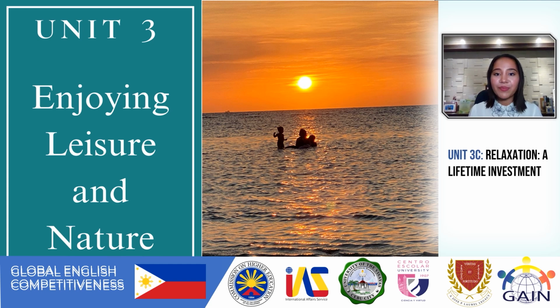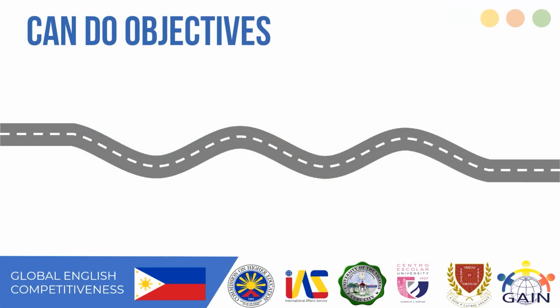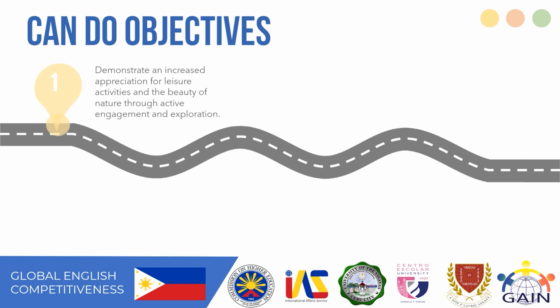So, arm yourselves with your pen and paper as we embark together on a revitalizing exploration of the serene beauty of the natural world. To recap, we have 4 can-do objectives in this unit. First, to demonstrate an increased appreciation for leisure activities and the beauty of nature through active engagement and exploration.